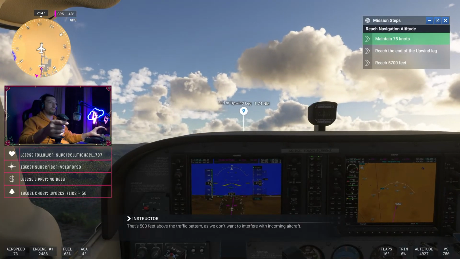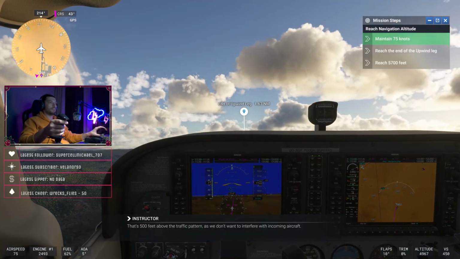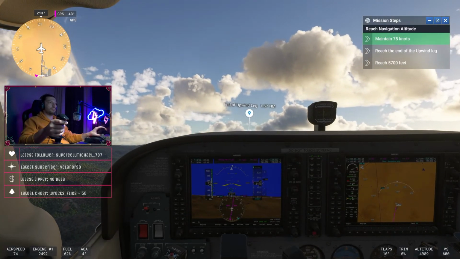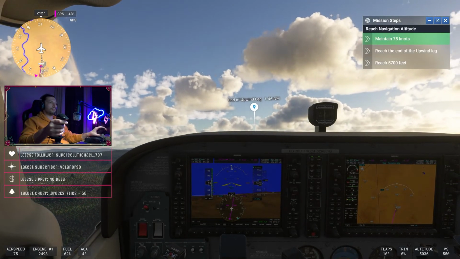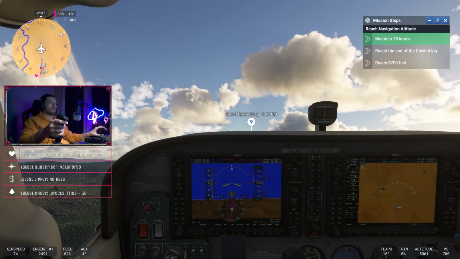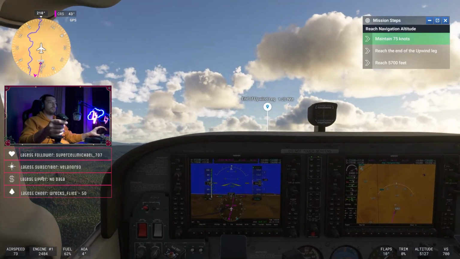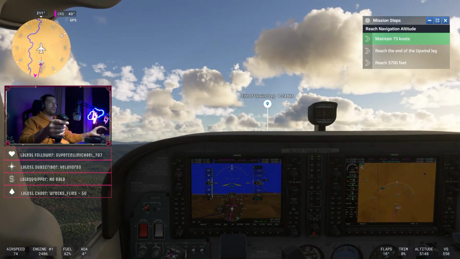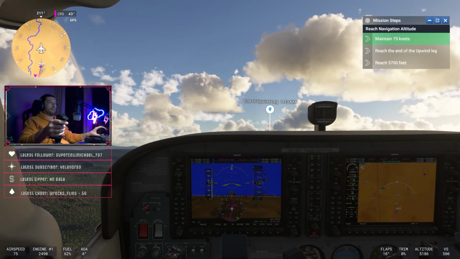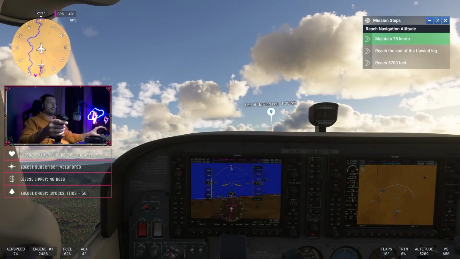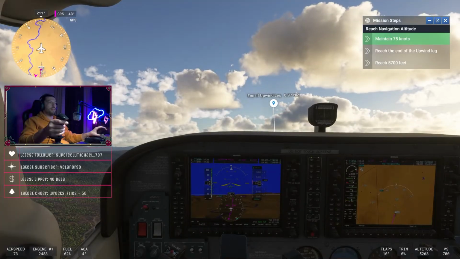That's 500 feet above the traffic pattern, as we don't want to interfere with incoming aircraft. 6,700, all right. And we need to keep 75 knots.